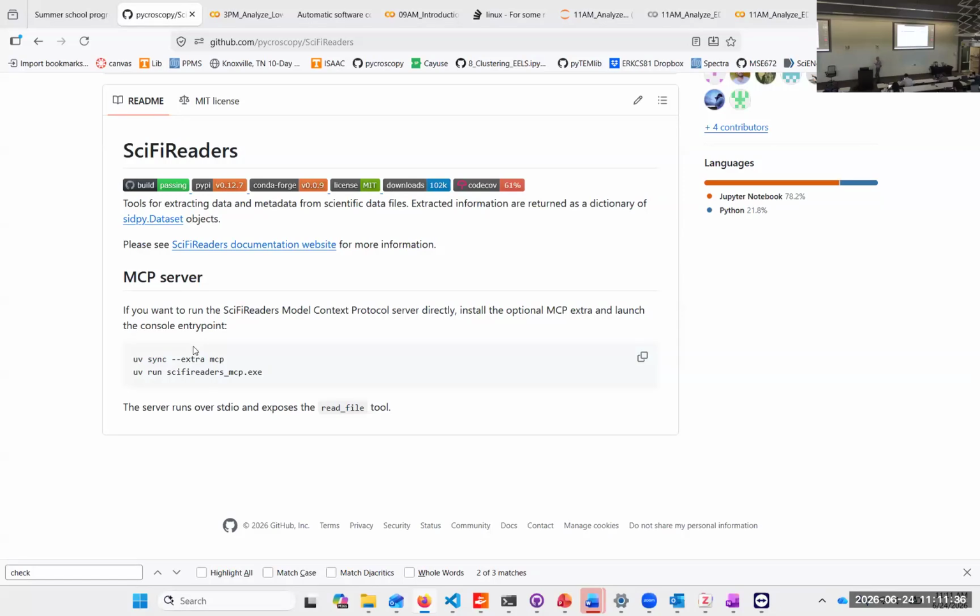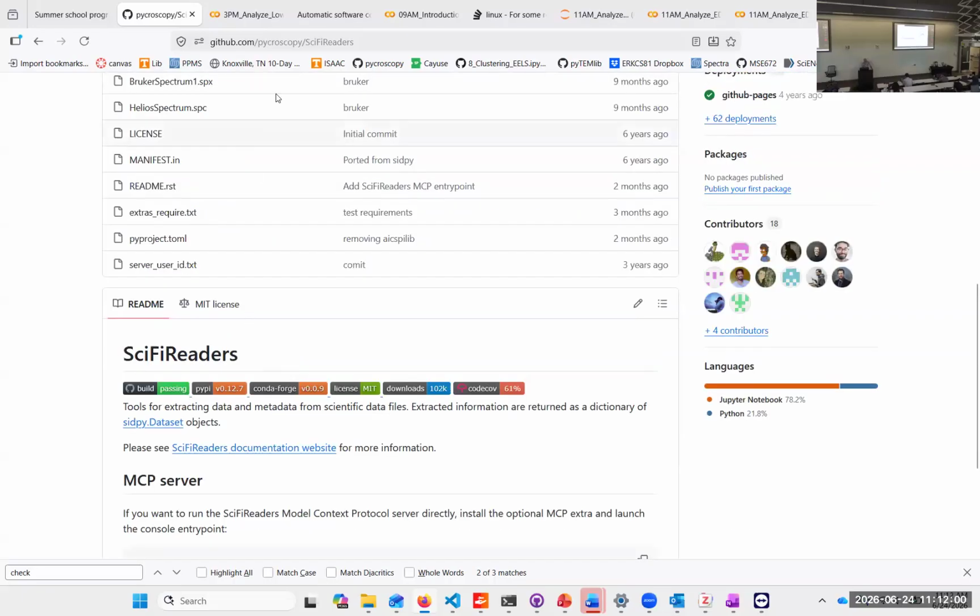So if you have come across a microscopy file that you cannot read, contact us and we'll check whether we can read that. So most SEM, TEM, and scanning probe microscopy file systems can be read with that.